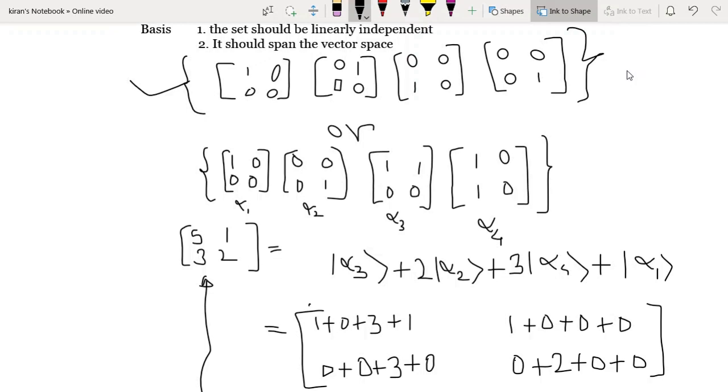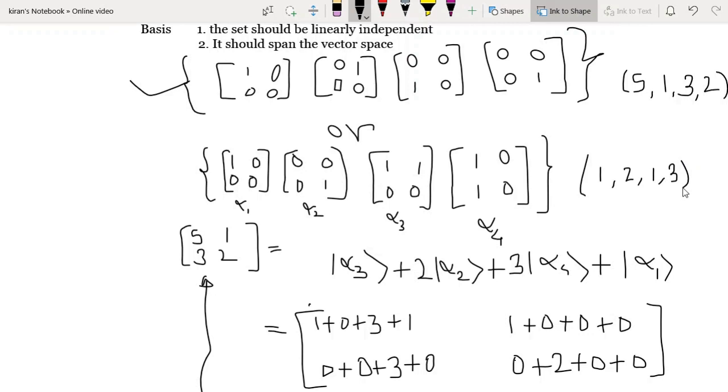In this basis, it is represented as 5, 1, 3, 2, whereas in this particular basis, it will be represented as 1, 2, 1, 3.